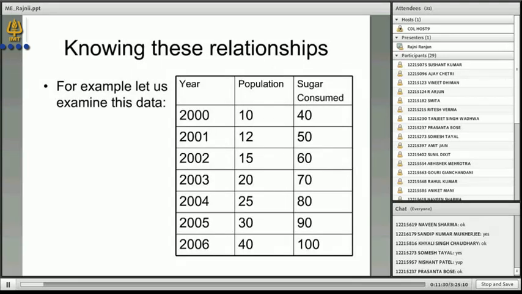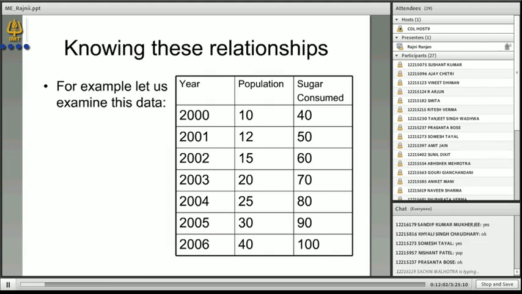I ask you now, simply saying that there is a relationship between demand, price, consumer income, and so forth, is it the complete story? For taking a decision, is it the complete story? I don't think that is the complete story, because only saying that a relationship exists is not vital information for managers taking decisions.